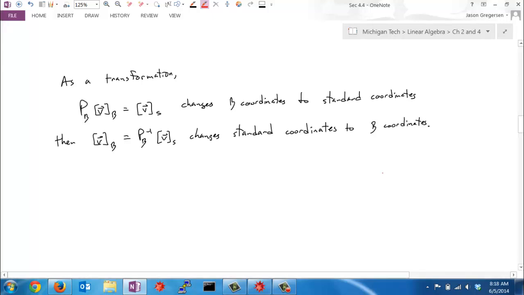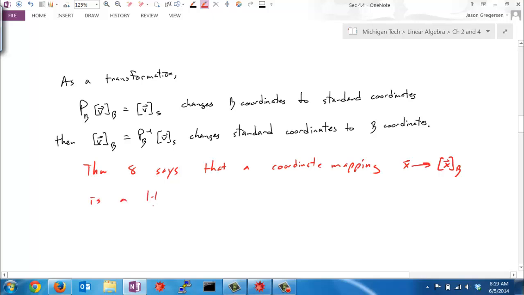All right, so they have Theorem 8 from the text. Theorem 8 basically says that a coordinate mapping, in other words, having some vector and being able to map it to its coordinates, if we can do that, then this is a one-to-one linear transformation from the vector space onto Rn.